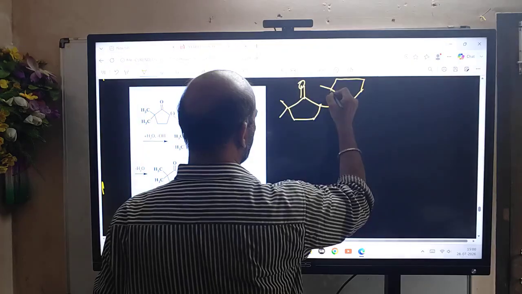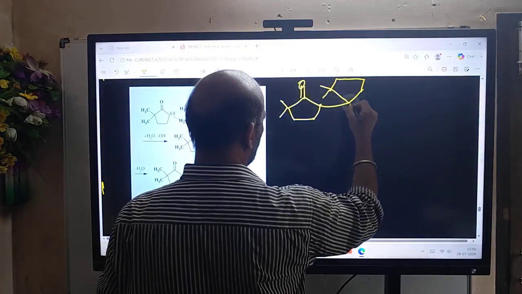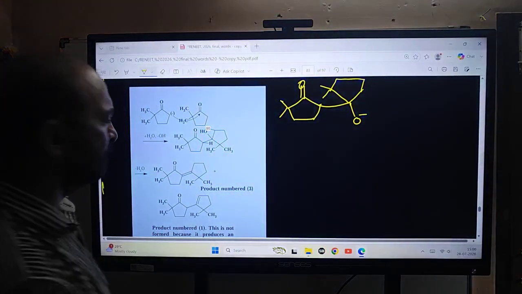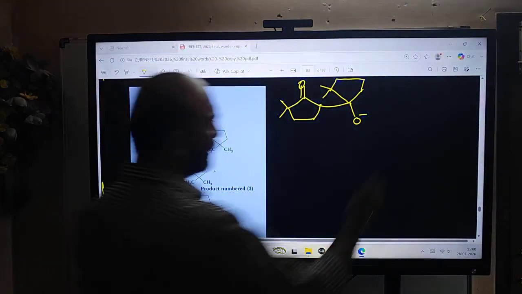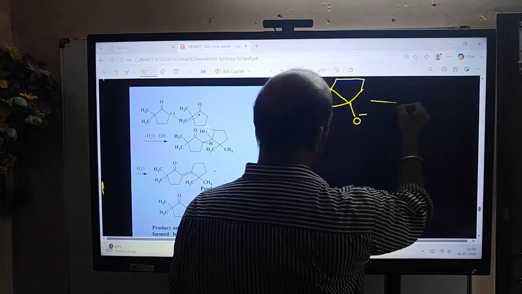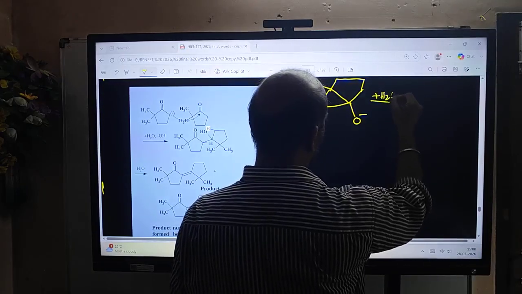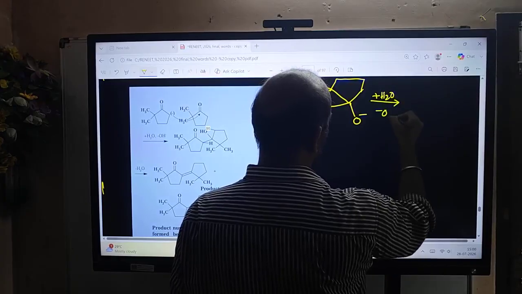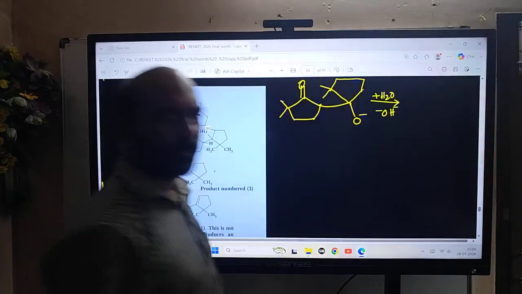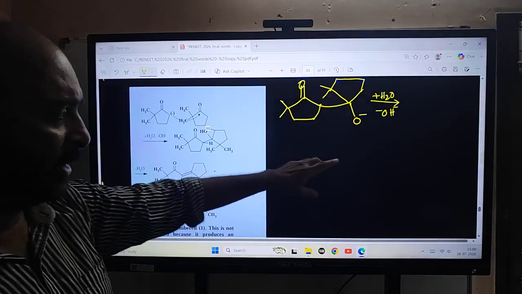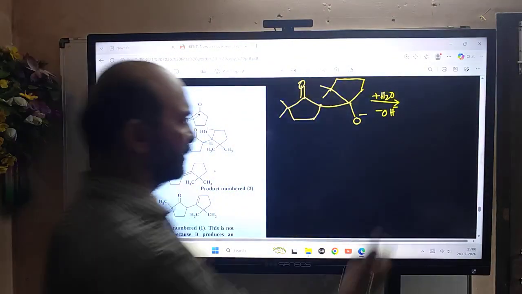The CH3 of this will be here. It will first form a carbanion like that. It will capture a proton from the surrounding aqueous medium. Capture of a proton from an aqueous medium is shown this way: plus H2O, minus OH minus, means one H plus has been captured there.